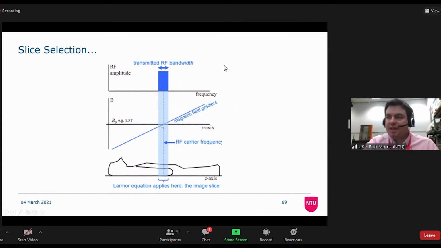So we know that in the middle we've got gamma B0, over here we've got gamma B0 plus a bit of gradient times its position. If we were to set that as the center frequency of our RF pulse, we would move our slice over here to the right and we would be looking at knees instead of abdomen. Similarly, if you were to reduce the frequency, we would move over here towards the head.